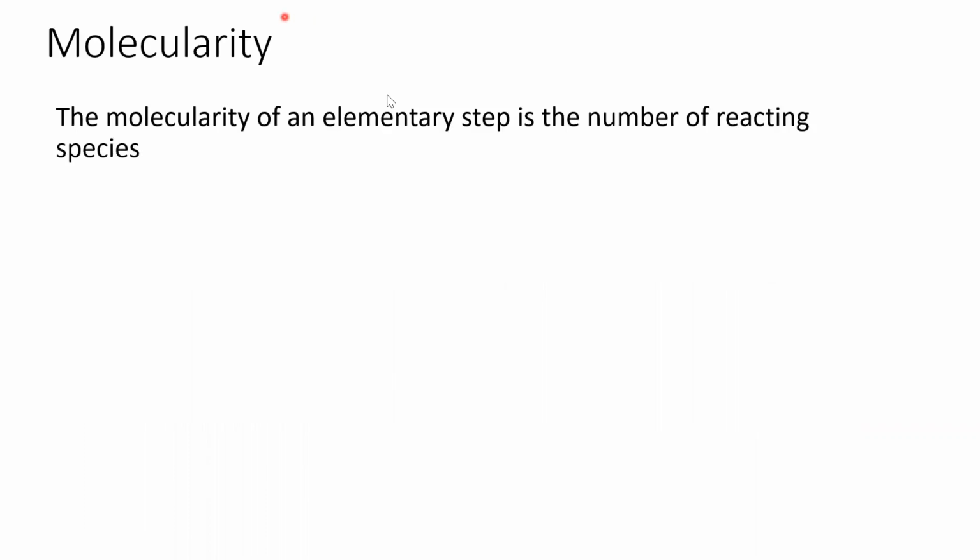When we look at these reaction mechanisms, we need to talk about what's called molecularity for the elementary steps. The molecularity of the elementary steps in a reaction mechanism is the number of reactants that are present.